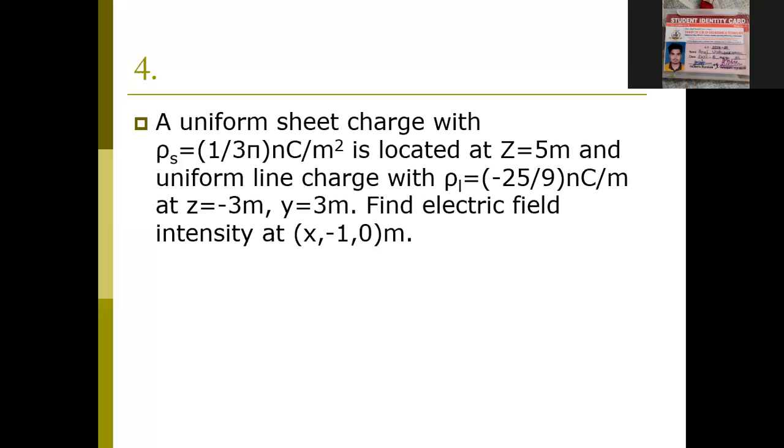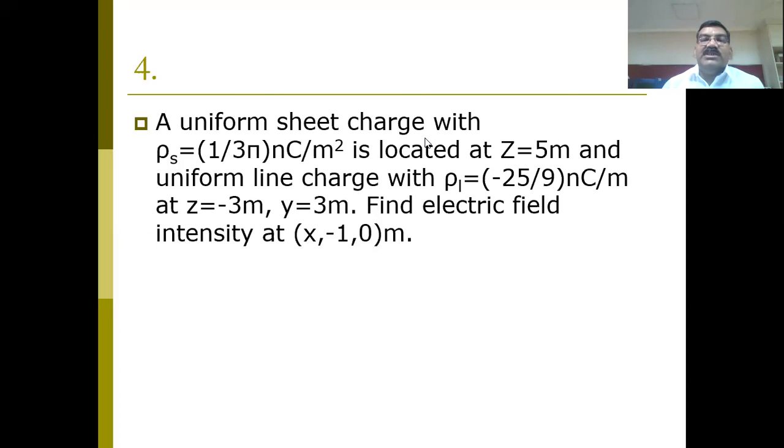Understand what is expected in this. A uniform sheet charge with rho S equals 1 upon 3 pi nanocoulomb per meter square. So one sheet charge is there, located at Z equals 5. Z equals 5 means it is parallel to the XY plane, at this distance along the Z axis.